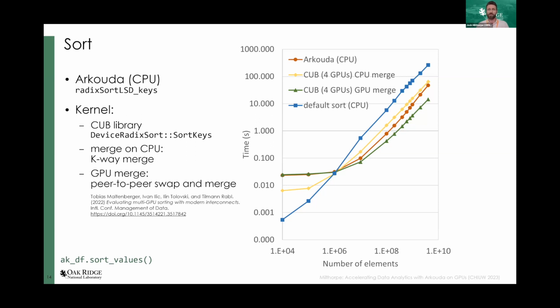The GPU one is an interesting one based on peer-to-peer swap and merge over NVLink. And you can see that at large data sizes, the GPU merge, which is the green line here, is beating the default Arkouda sort by a substantial margin. So we're really getting some performance improvement from doing things on the GPU.